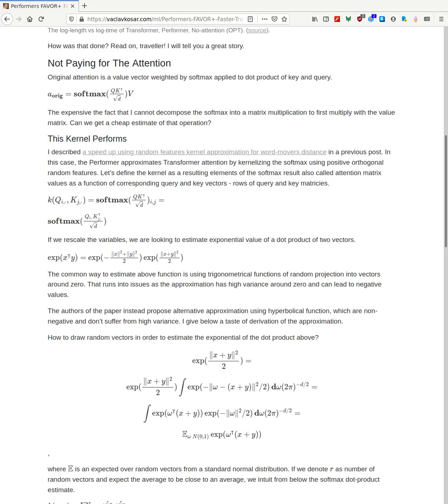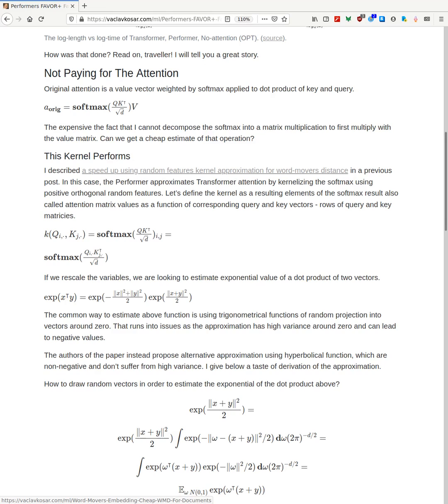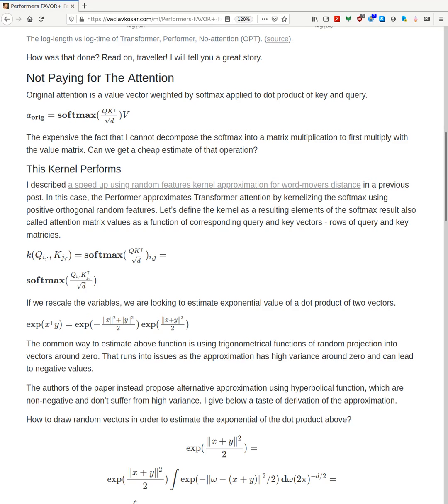Original attention is a value vector weighted by softmax applied to the dot product of key and query matrices. So if we have a look here, we have this softmax applied to Q times K transposed.